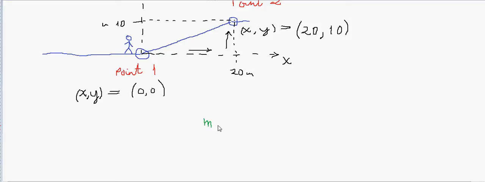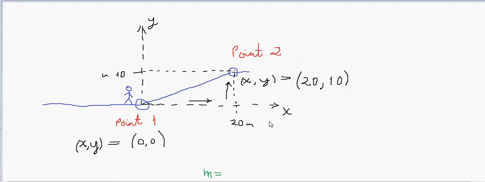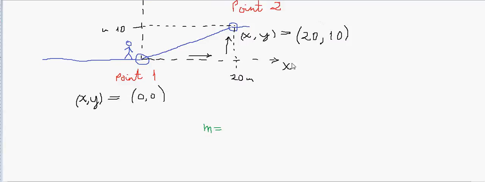Remember, all gradients are denoted by the letter m. So m is equal to the change in the vertical component, which we call rise, divided by the change in the horizontal component, which we call run.